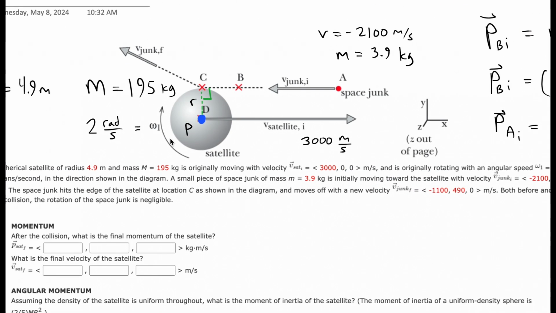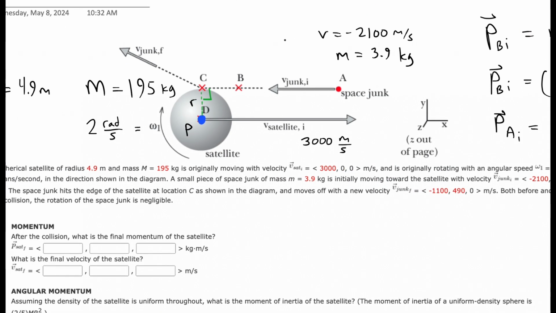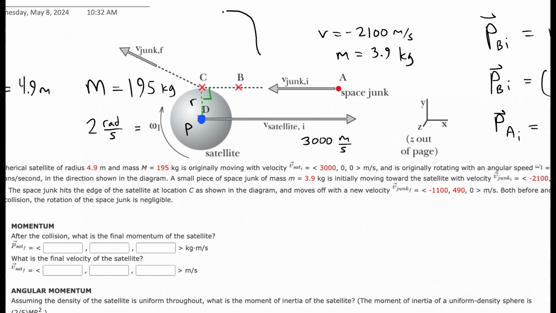Because if you use the right-hand corkscrew rule, where you curl your fingers in the direction of motion of your space junk, then your thumb would actually point up. Okay, so thumb points out of the page. And so out of the page is considered the k-hat direction.